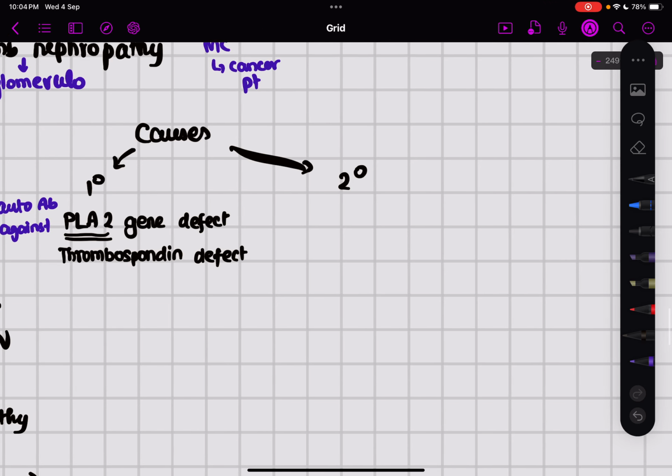And secondary causes can be divided into A, B, C and D, in which A is autoimmune. Autoimmune: SLE and diabetes.